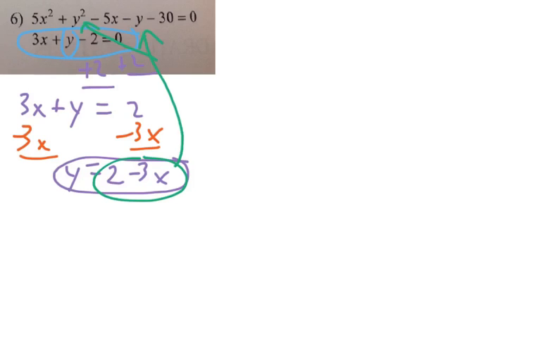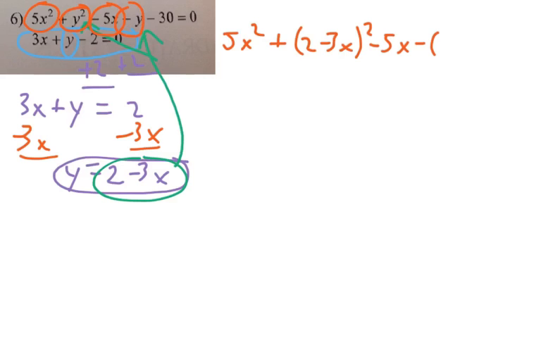So if you look at the first equation, it says right here we have 5x squared, right? It also says plus y squared, but remember y now is 2 minus 3x, squared. Okay? It also says minus 5x. And then it finally says minus y, but wait a minute, y again is 2 minus 3x.